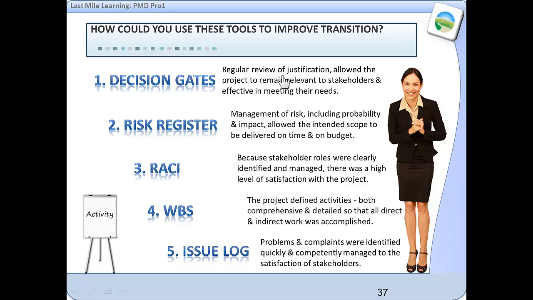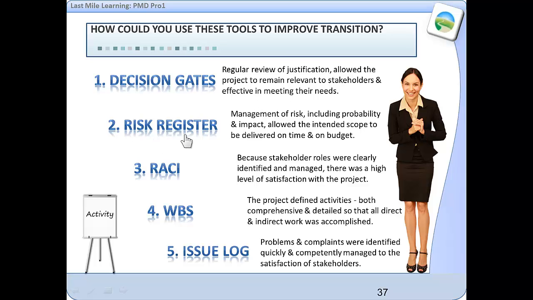So they can provide regular review of justification, allowing the project to remain relevant to stakeholders and effective in meeting their needs. So especially whether or not it's contributing toward the higher levels of change, impacts, outcomes and goals.